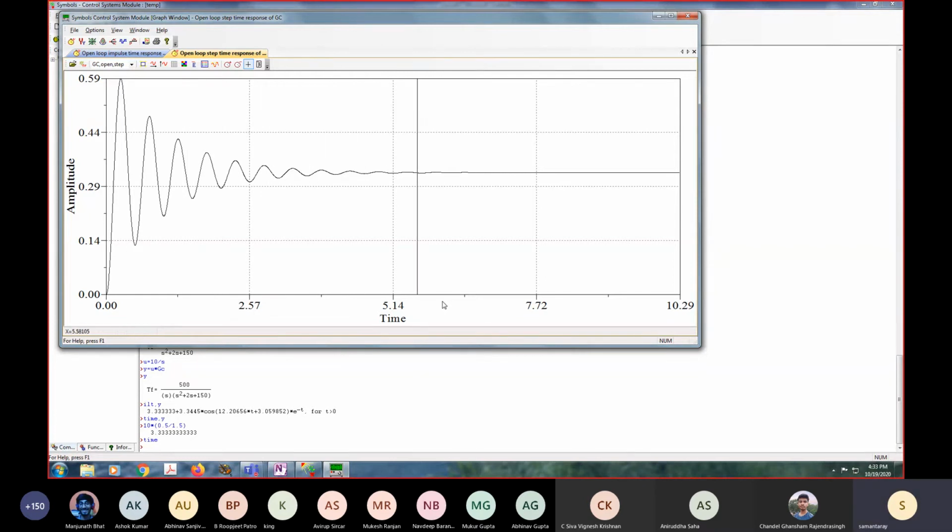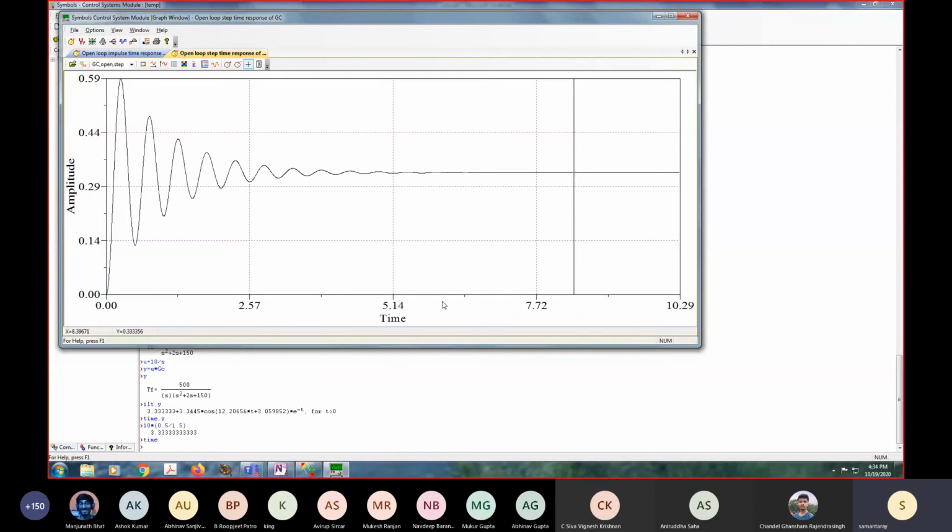If your reference command is not 10 but 1, then whatever values you get, for reference command equal to 10, you multiply with 10. Reference command equal to 100, you multiply with 100. Error will be 100 times like that. So you get 0.333. If you have already multiplied to get the output Y(s), then you don't take another step.